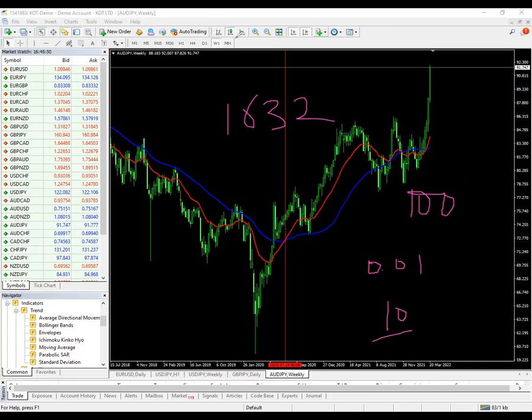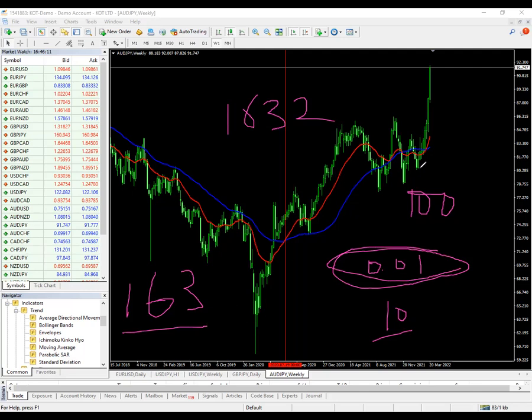So in all, the person is going to make $163 with 0.01 as a lot size. The person is going to make 1,632 pips, which is $163.